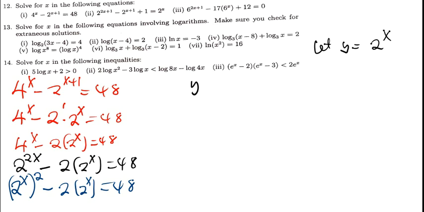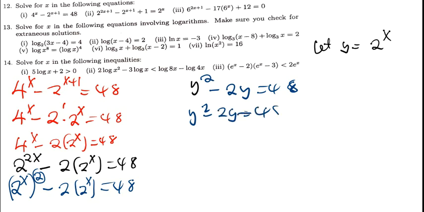Where there is 2 to the power x, replace it with y. Since it is squared here, I'll say y squared minus 2, where there is 2 to the power x replaced with y, is equal to 48. Now this is a quadratic equation. Shift 48 to the other side: y squared minus 2y minus 48 is equal to 0.